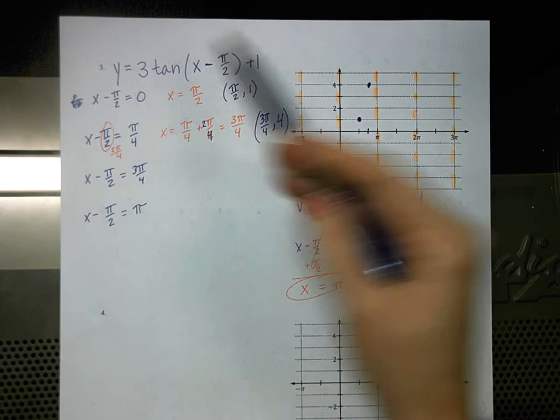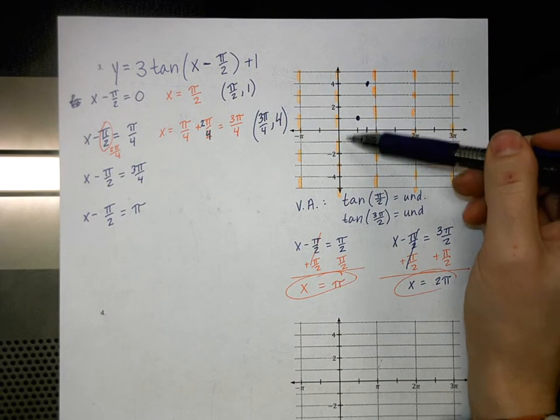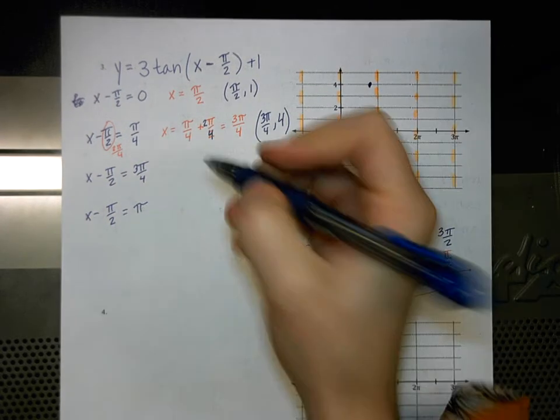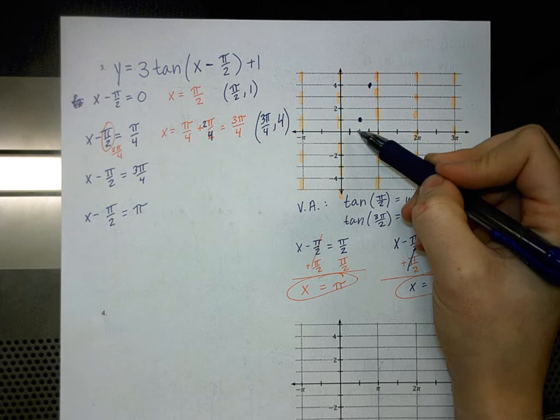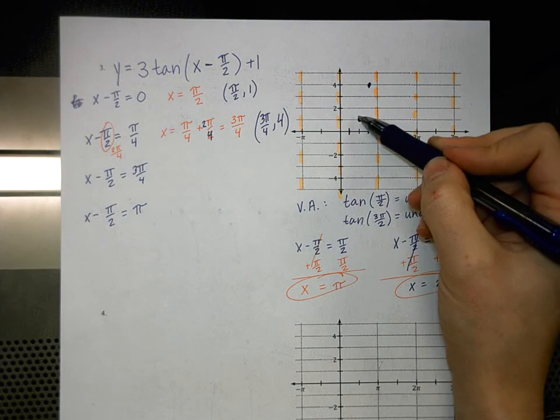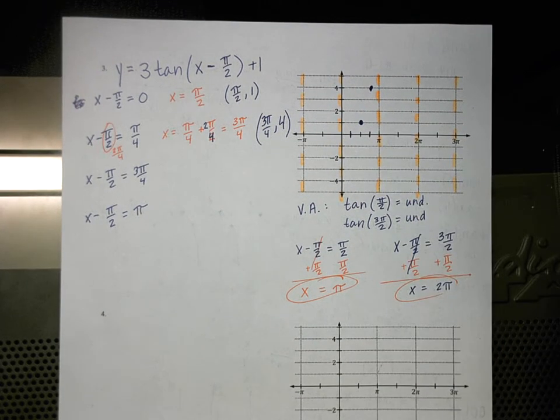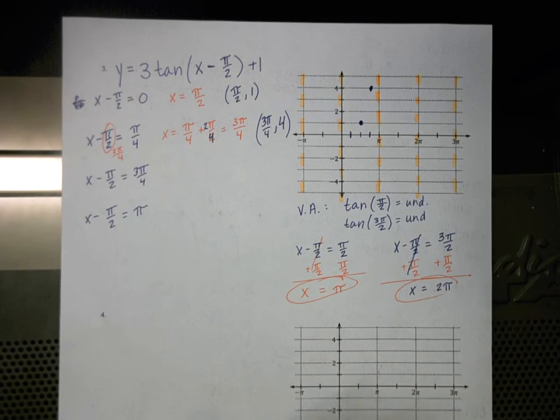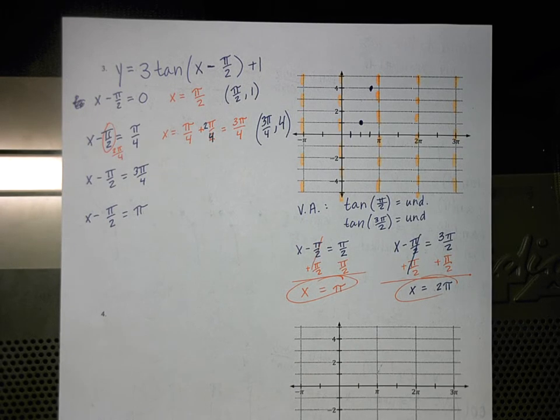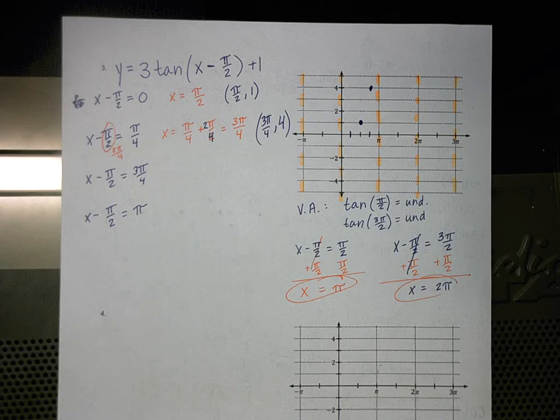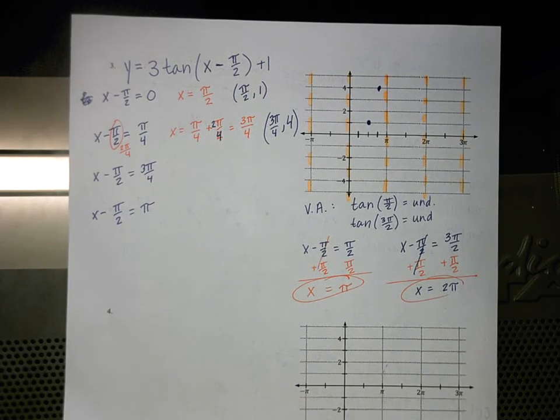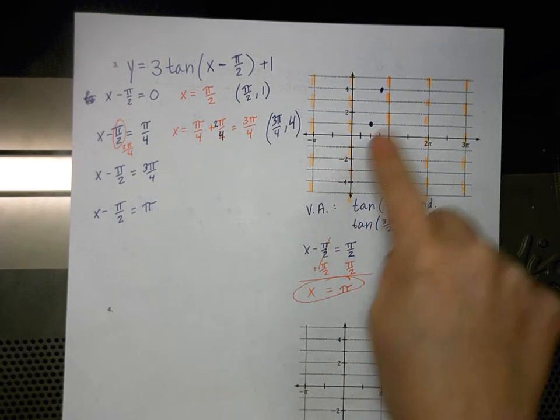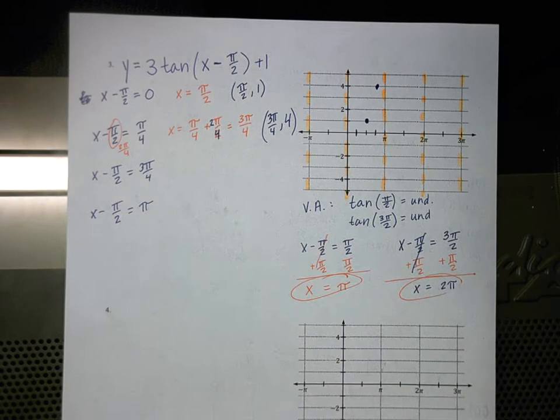Where do you think the other point is going to be? Wait a minute. What just happened? Oh yeah, because we did a translation. I haven't solved for x yet here.